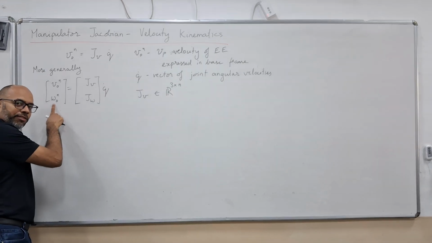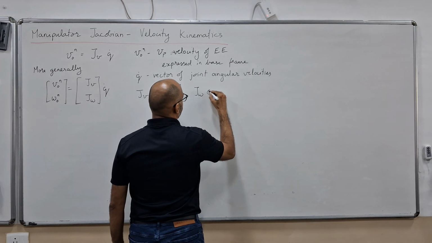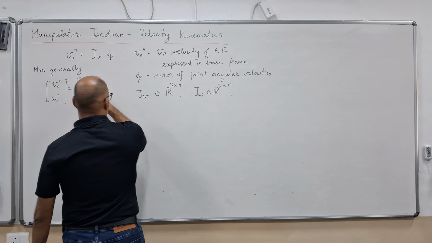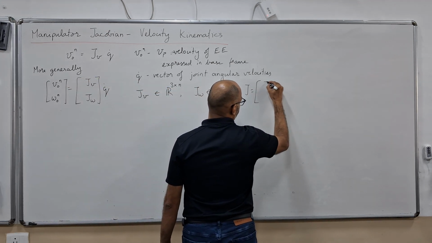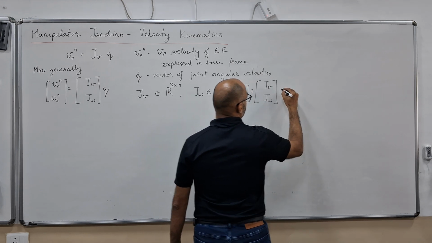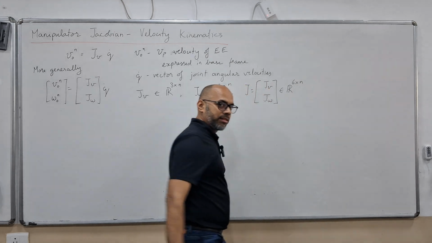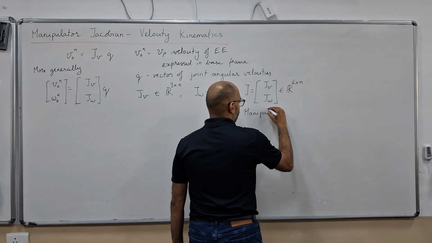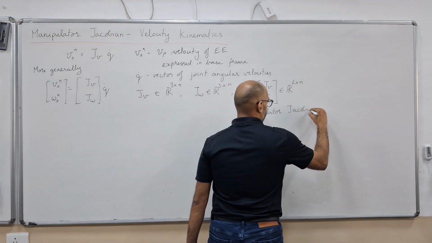So angular velocity will also have 3 components. So therefore j omega is also 3 by n, and together, both of them together is, strictly speaking, what is called the manipulator Jacobian, 6 by n, and this is the manipulator Jacobian.